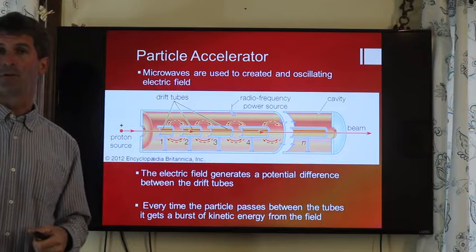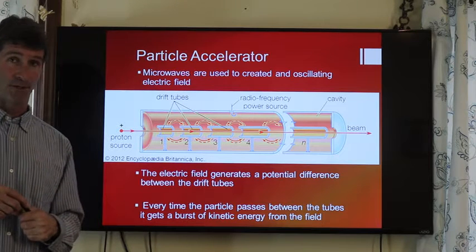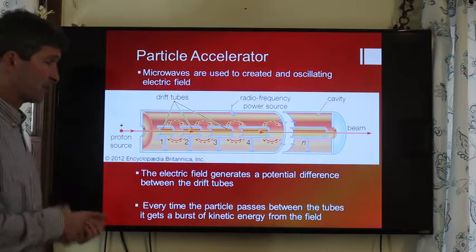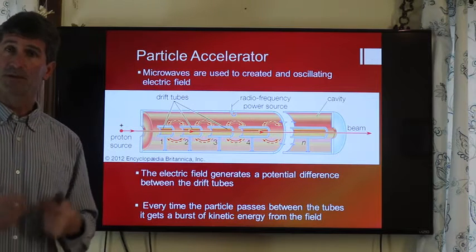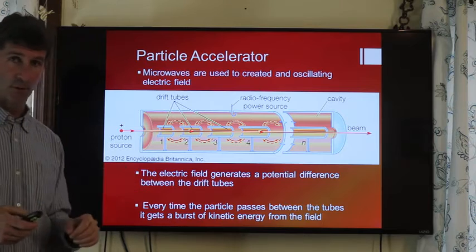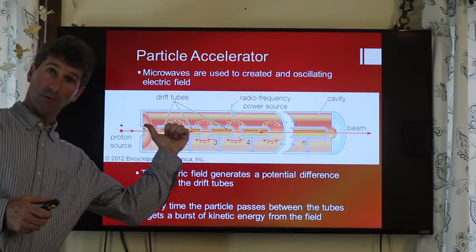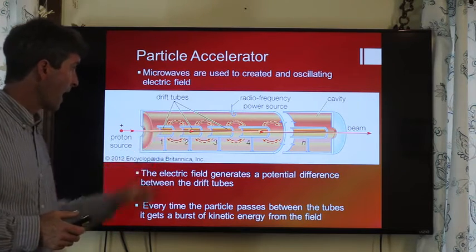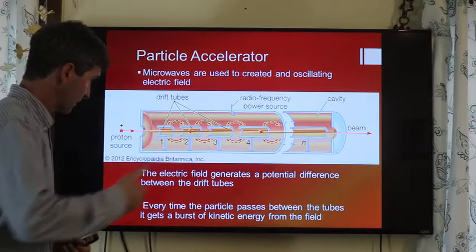Now the drift tubes are basically little Faraday cages. Remember from the previous chapter that you can't have an electric field inside a conductor? So the proton will hide in one of these drift tubes while the microwaves are pointing in the wrong direction, and then emerge out there and feel another acceleration.